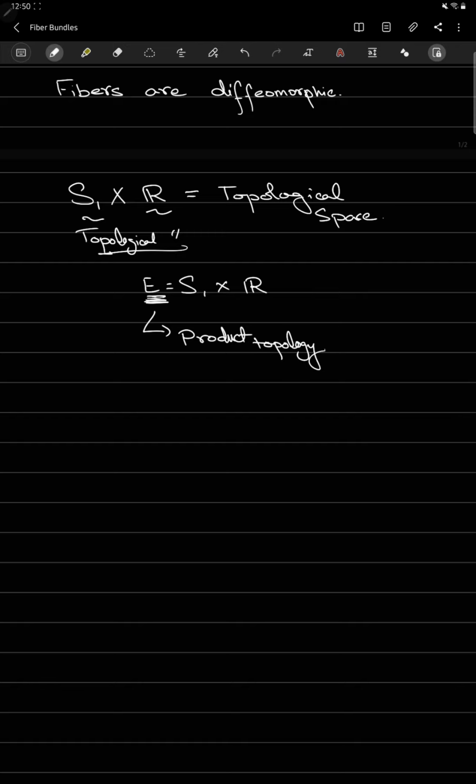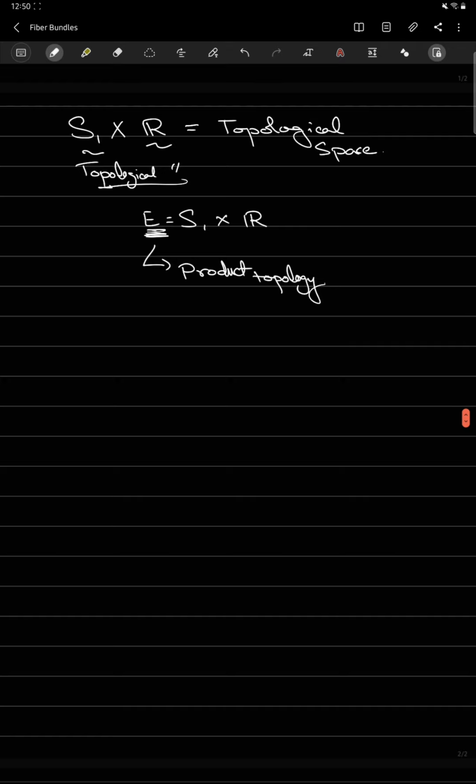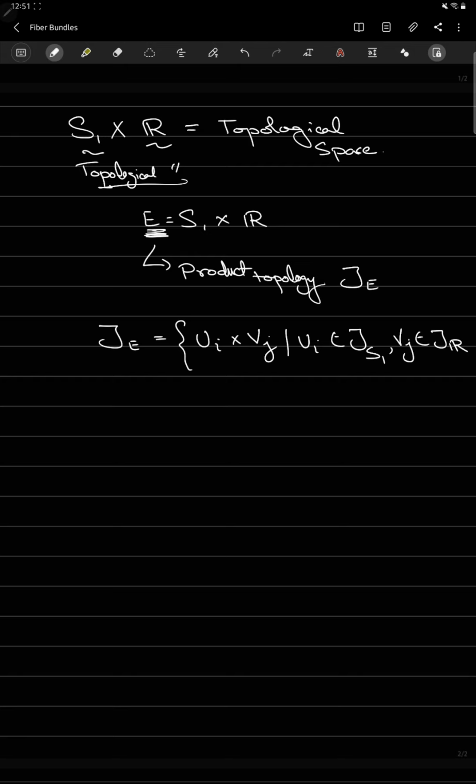Now let's look at that. So if I want to give E a product topology, what that means is, let's define this, let's call it JE as the product topology, then JE will be a set of Ui Cartesian product Vj such that Ui belongs to the topology of S1 and Vj belongs to the topology of R, right?